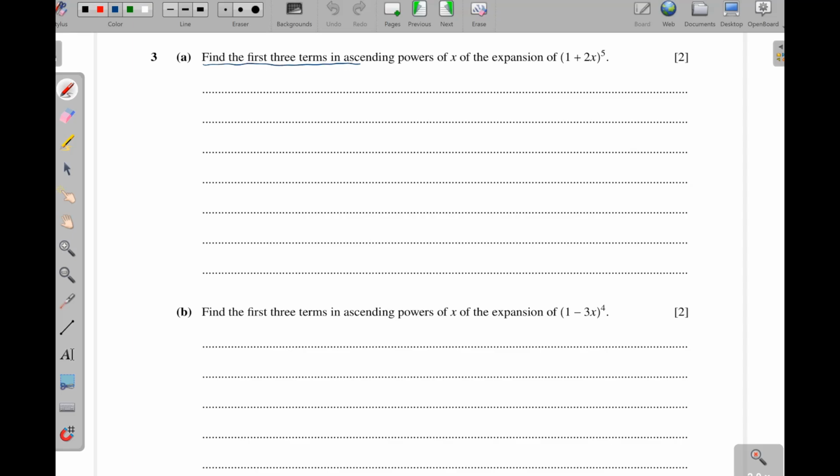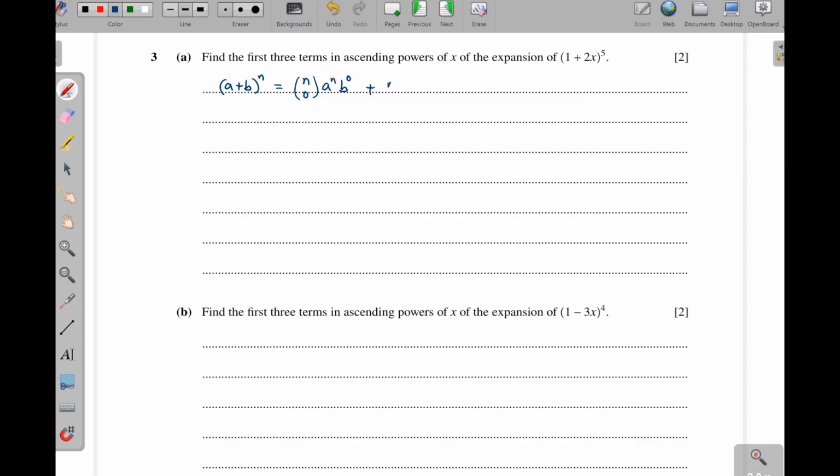Question 3 is coming from binomial expansions part A. Find the first 3 terms in the ascending powers of x of this expansion here. Now we know for binomial expansion, this is a plus b to the power of n. So we say n combination 0, then a power n, then b power 0. Remember, whatever is here as the power of the b is the one that goes into the combination here.